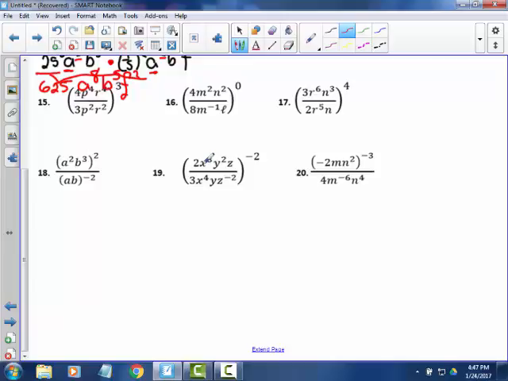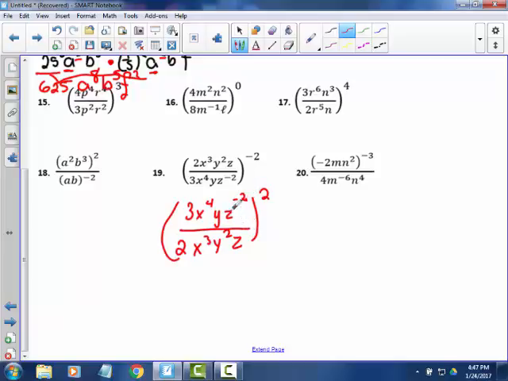So if we take the reciprocal of what's in here, that would become 3x to the 4th y z to the -2 over 2x to the 3rd y squared z, right? And that's now to the +2 power.